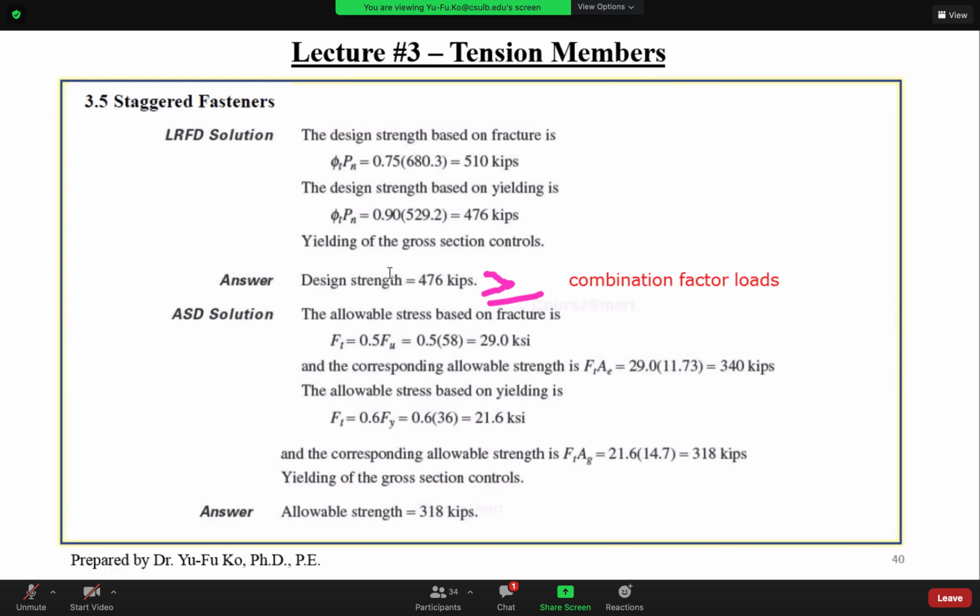So this is the maximum load this member can take compared with the factored load combination.